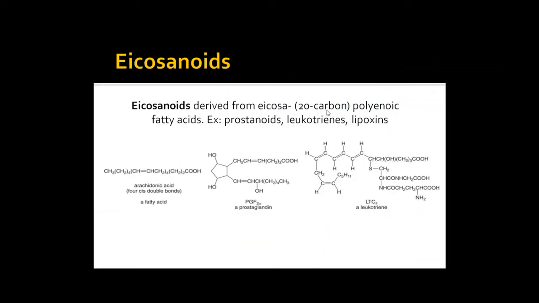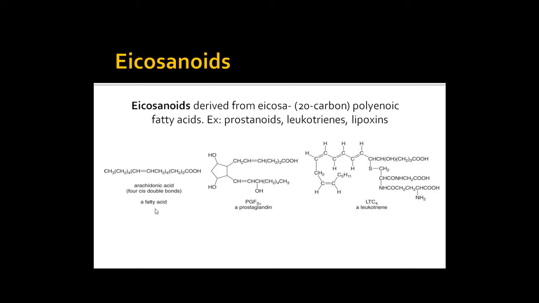The third category of unsaturated fatty acids is eicosanoids. The term eicosanoid is derived from eicosa, which means 20 carbon. So all the fatty acids which have 20 carbons or are derived from 20 carbon molecules are called eicosanoids. Examples are prostanoids, leukotrienes, and lipoxins.